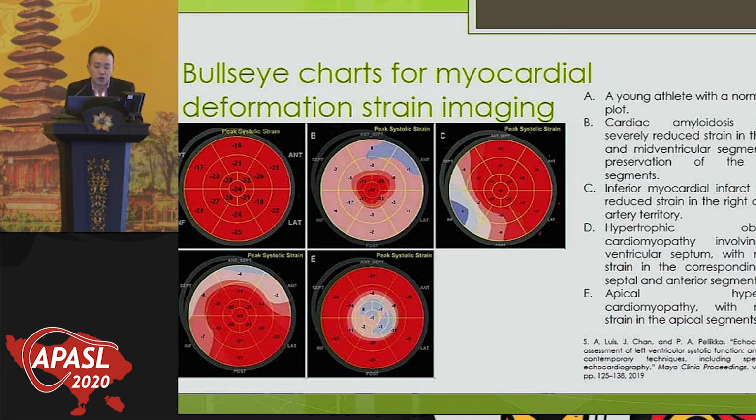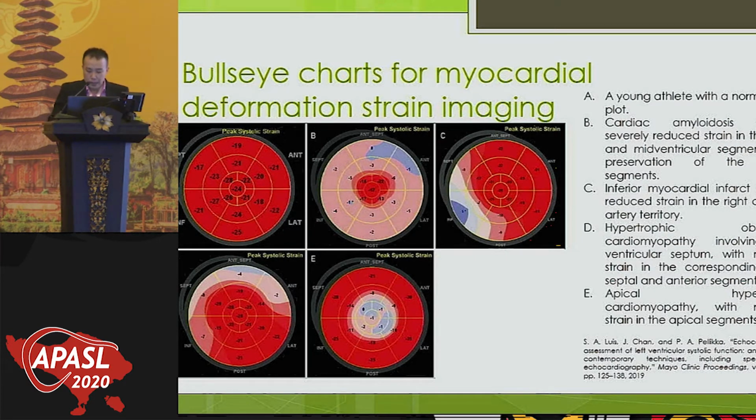Panel A is a normal strain plot, whereas you can see that B certainly is not. And in E, it's very obvious that there's an apical strain, with reduced strain in that apical segment.